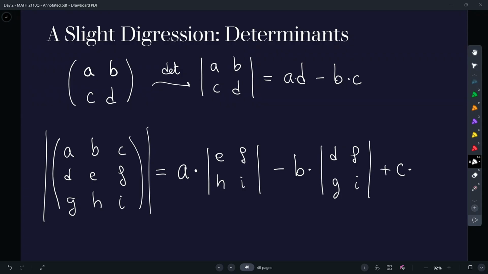And then C times, eliminate this row and column, and compute the determinant that is left over here, which is D, E, G, H. So that's how you compute determinants, and we'll do a few examples in a moment.